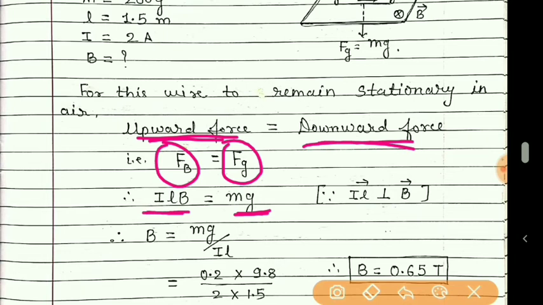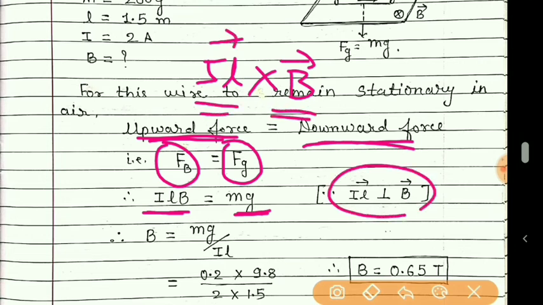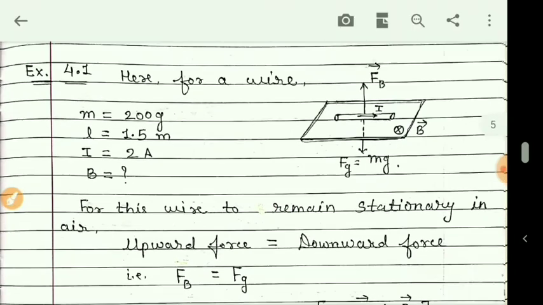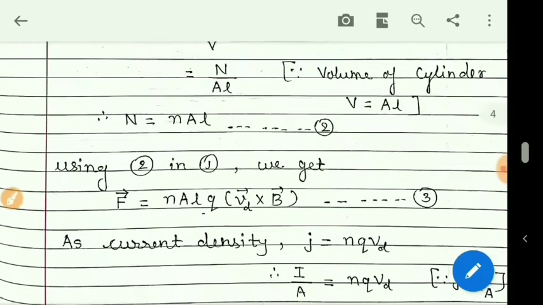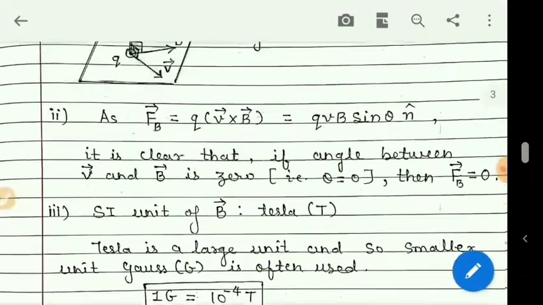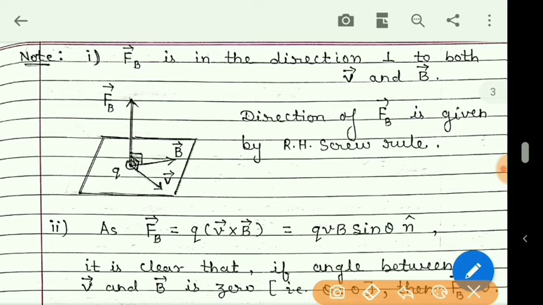We know that it is IL cross B. But students, if these two vectors are perpendicular to each other, then simply we can take ILB. It is because we know that whenever we remove the cross product, there is a sin theta. You can see here there is a sin theta, and we know that if both the vectors are perpendicular to each other, then theta will be 90 and sin 90 is 1.